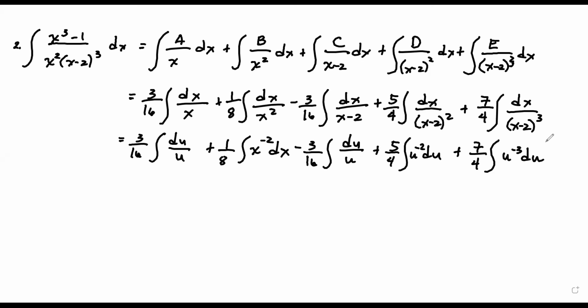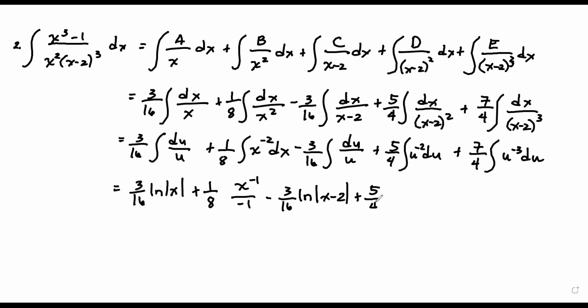Now, let's integrate. The integral of du over u is ln u. Our u here is x. So we will have 3 over 16 ln absolute value of x, and plus 1/8. The integral of x raised to negative 2 is x raised to negative 1 over negative 1, minus 3 over 16. The integral of du over u is ln, our u is x minus 2.